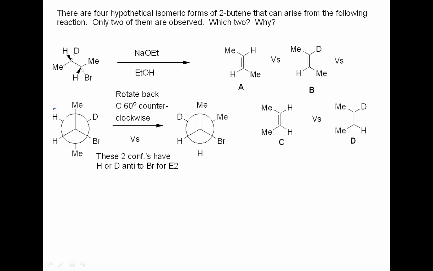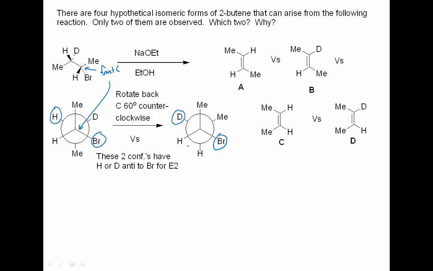All right, so this molecule that we have here, if we call this the front carbon, actually has hydrogen and bromine anti. Okay, another conformation that can do the E2 is this one, which has deuterium and bromine anti.